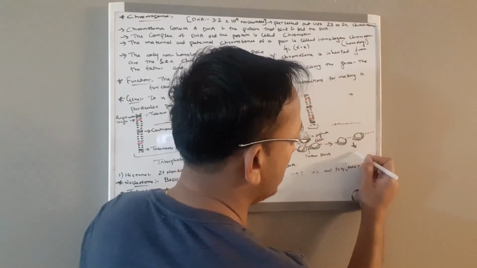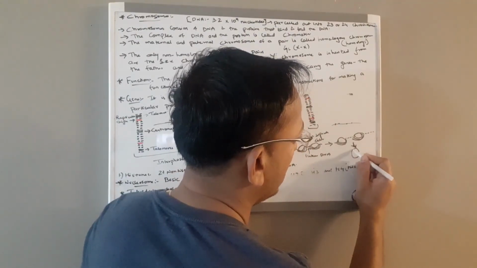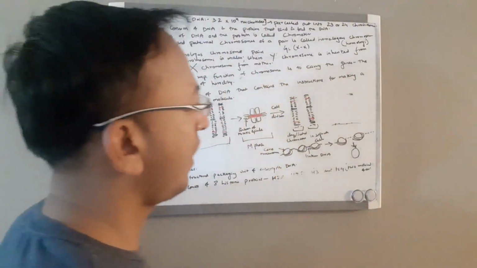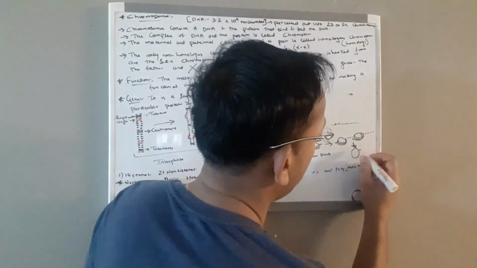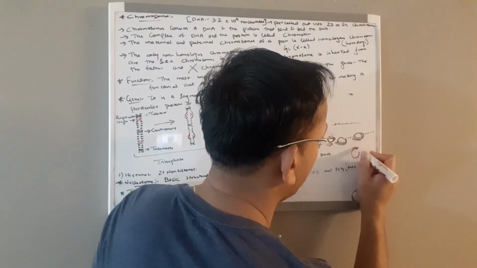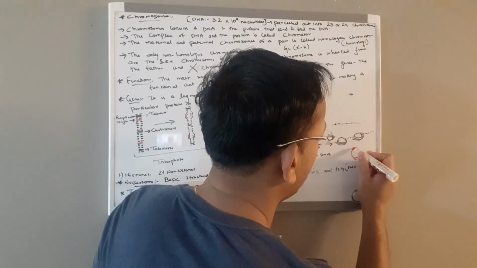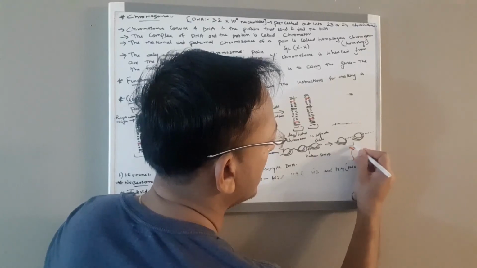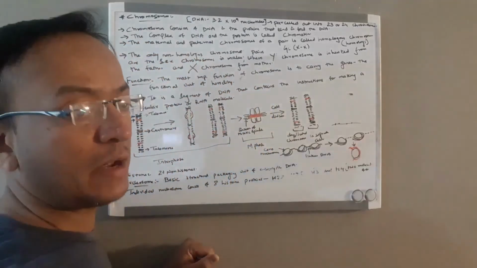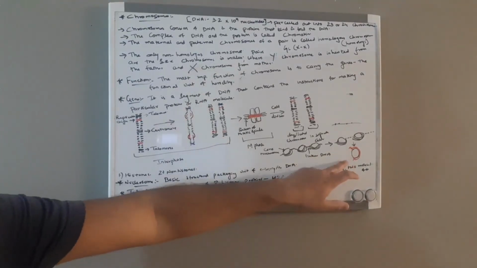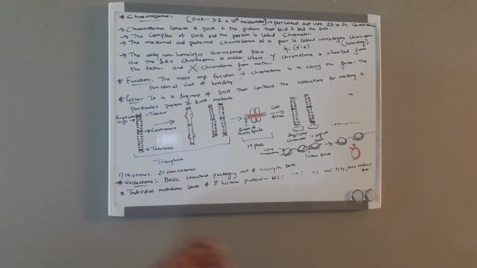All right, and after this it will look something like this. I can use a different marker. So after that you will get a separate core nucleosome, and the DNA around each nucleosome.